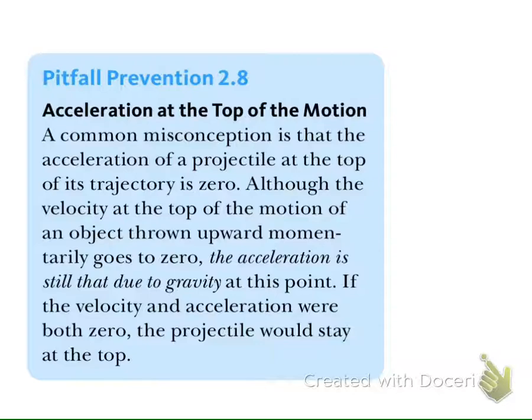For example, if you throw an object upward, you know from your experience that the object will move up to the maximum point and then move down. So you can see that the velocity changes all the time. First it is decreasing and then it is increasing.